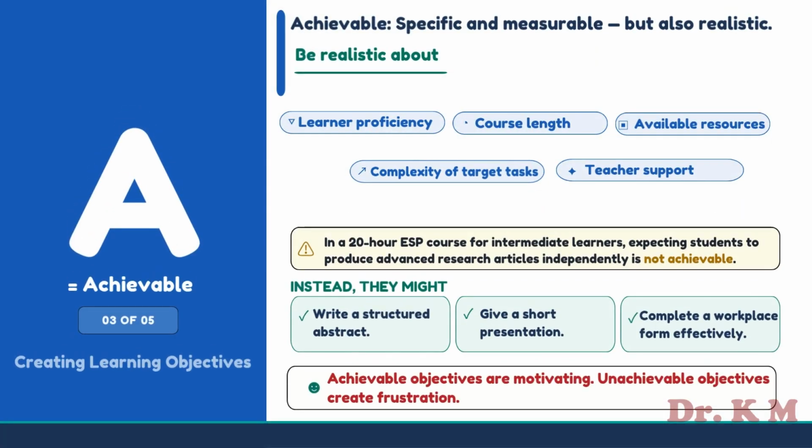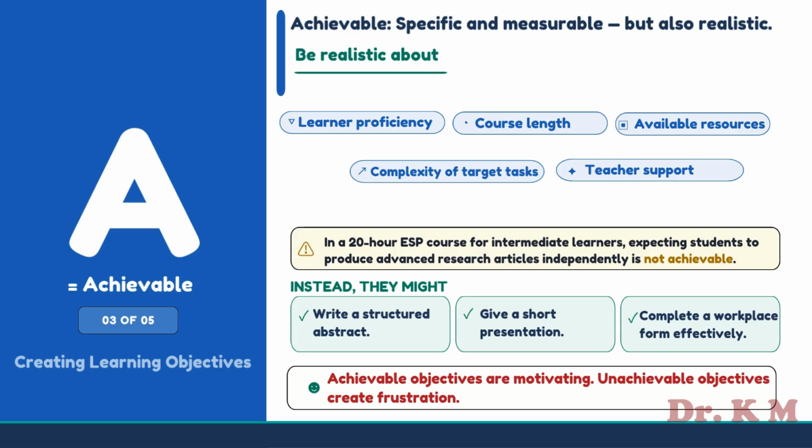Achievable. Objectives should be realistic considering learners' proficiency level, course length, available resources, teacher support, and complexity of target tasks. An objective may be specific and measurable, but still unrealistic. For example, in a 20-hour ESP course for intermediate learners, it may not be achievable to expect students to produce advanced research articles independently.